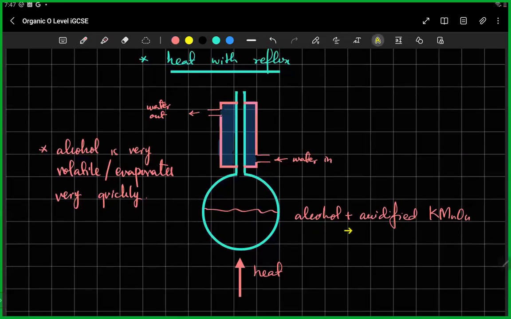Heat इसलिए important है. Otherwise, alcohol and KMnO4 are not going to react. ठीक है, oxidation will not happen. लेकिन issue ये होता है कि as soon as you heat it, the alcohol will evaporate and most of the alcohol will simply leave the container. ठीक है, तो वो कंटेनर ही छोड़ के ना most of the alcohol will simply leave the container.